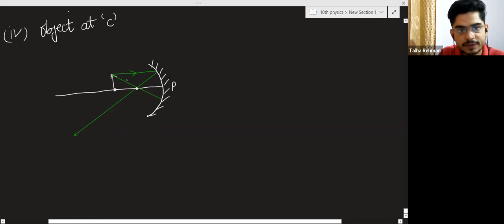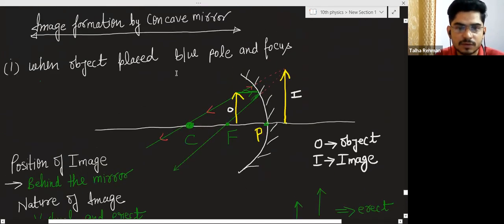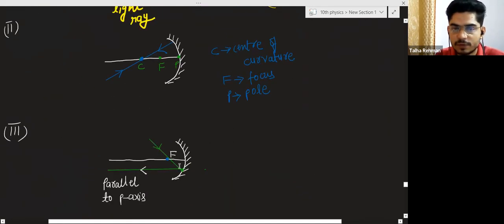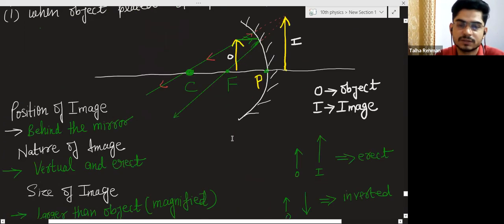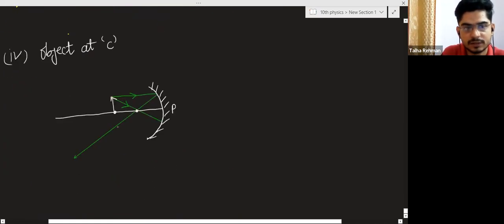And we know that when a ray of light from the object is passing from focus, it will become parallel to the principal axis.